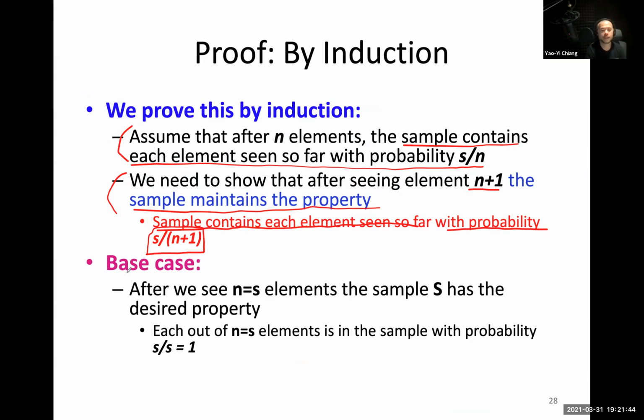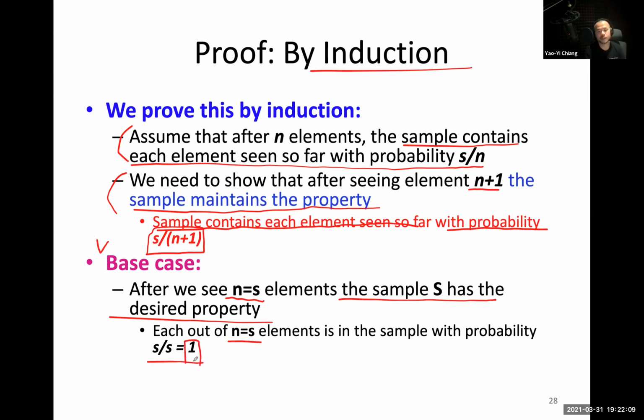So what would be our base case? Well, because we want to do induction, you have to have a base case. The base case is when you see n equal to s elements. So in this case, the sample S has the desired property because each of these n equal to s elements in the sample will have the probability s over s equal to 1, right?